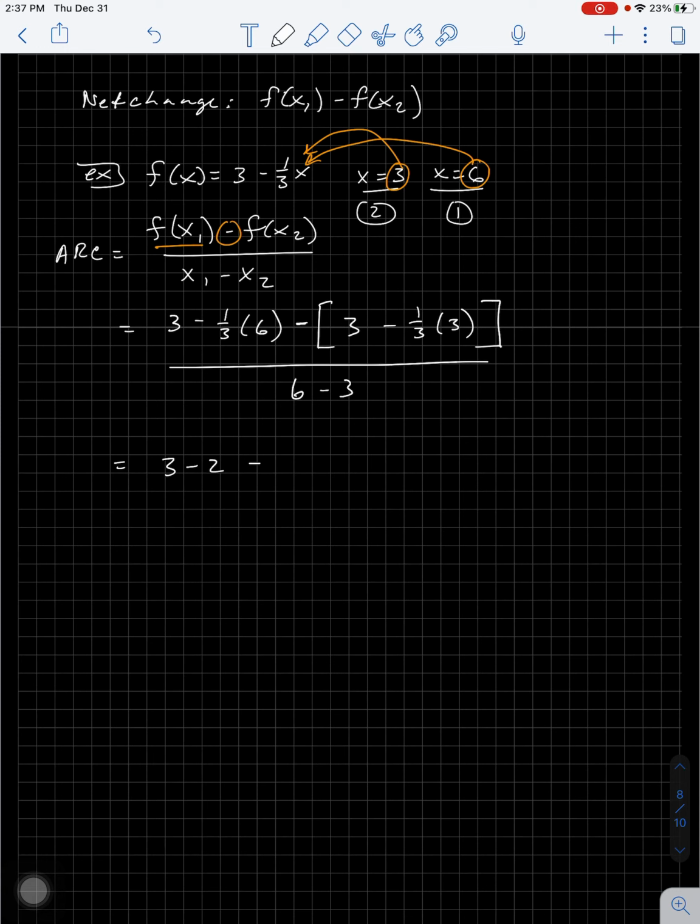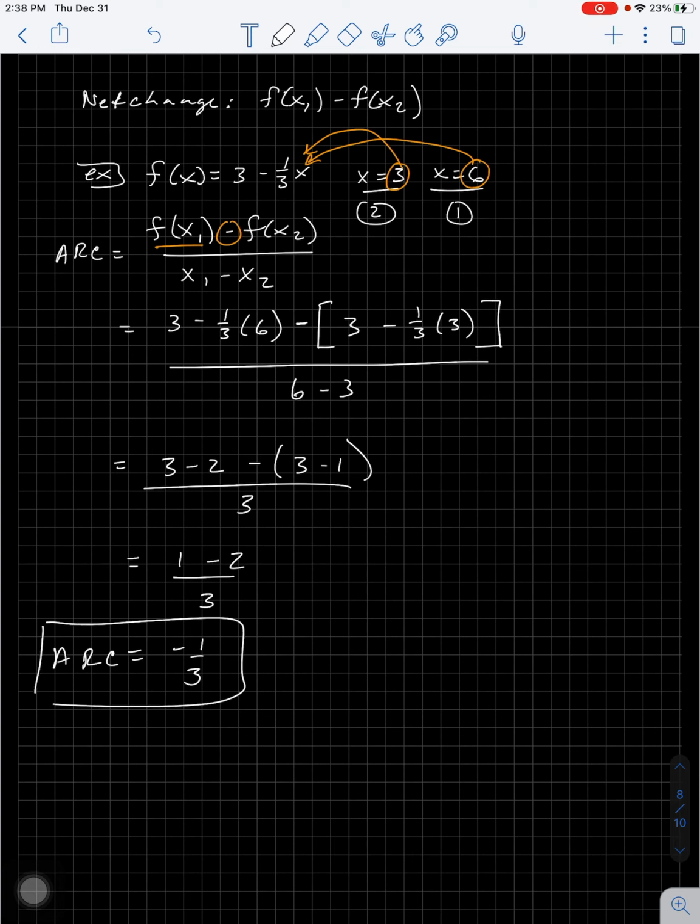So this is going to be 3 minus 2 minus 3 minus 1 over 6 minus 3, and 6 minus 3 is 3, so this is going to be 1 minus 2 over 3. So the average rate of change is going to be negative 1/3. And again, that's just the slope of the line.